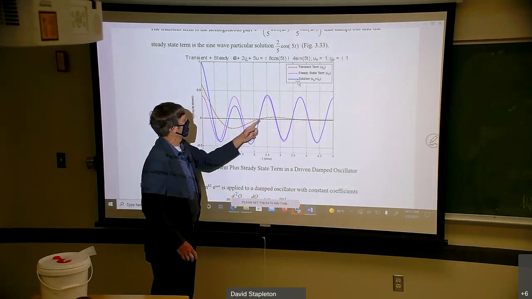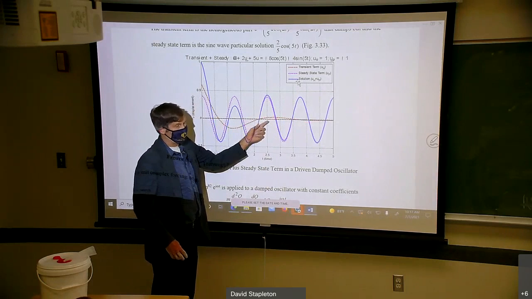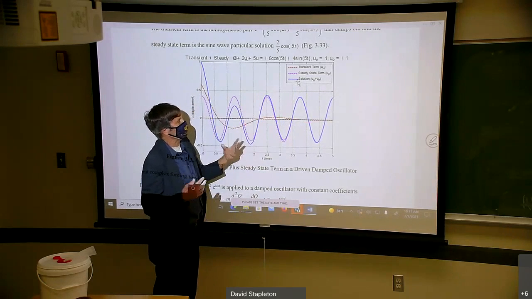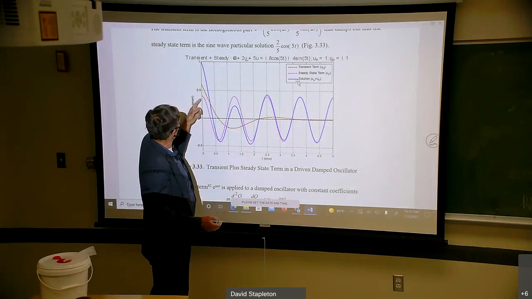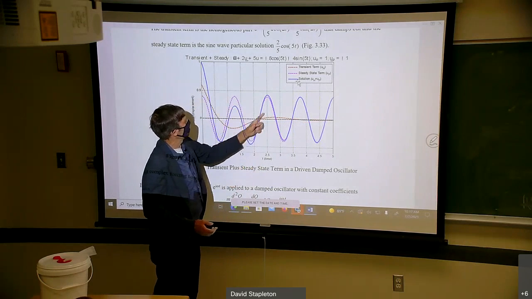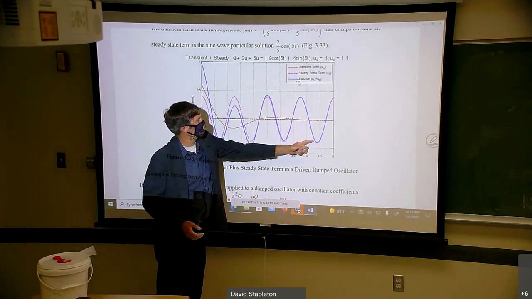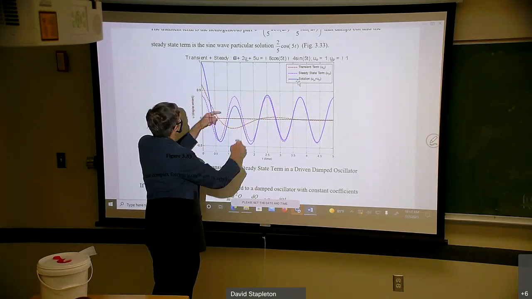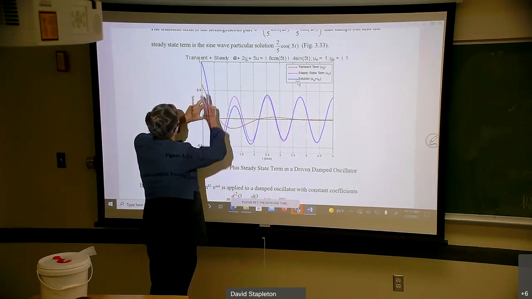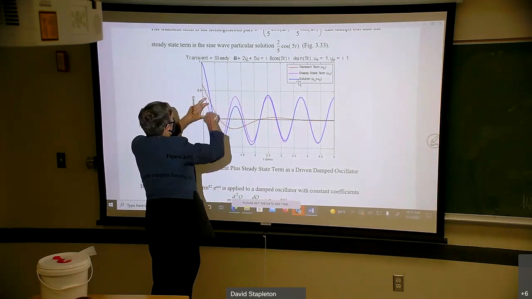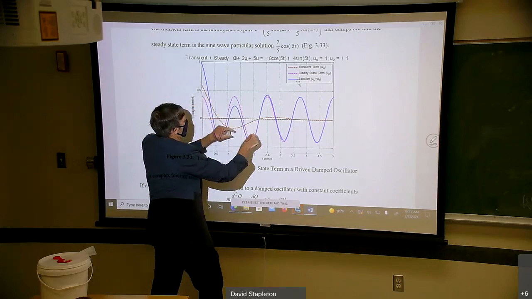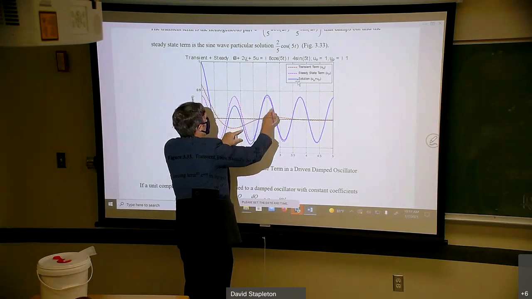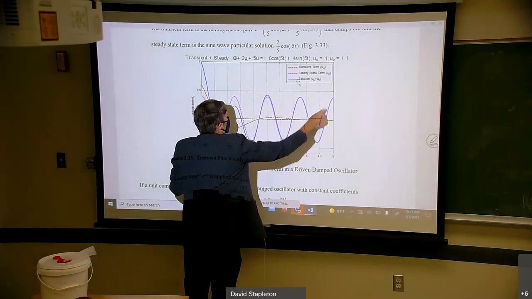That's the homogeneous solution here. Now add to that the particular solution, because we're actually driving at this time. It looks like this. It's a sine wave, right? That's the particular solution. What happens when you add these two, the red and the magenta? Well, you stack the y coordinates, this one plus this one. Initially, this one overpowers, but this one damps out, and in the end, what you settle down to is the particular solution, this sine wave.